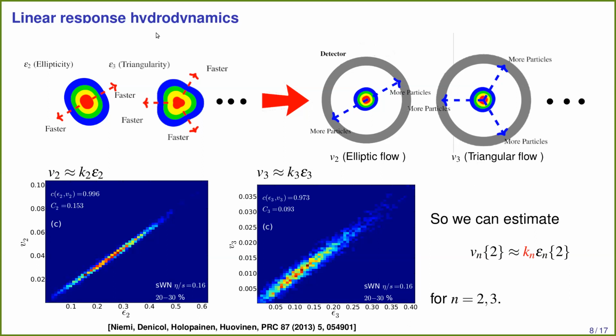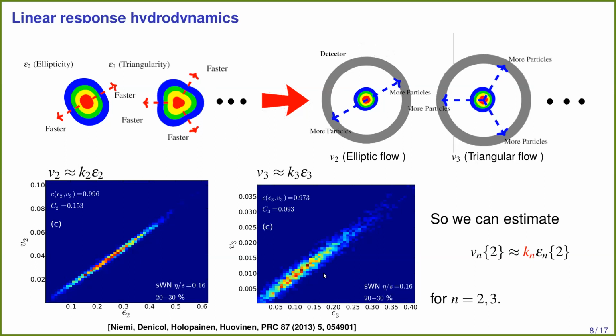Therefore, you would expect a correlation between epsilon2 and v2, epsilon3 and v3. If you do the simulation, you see there is a very strong correlation, at least for large systems. In central or semi-central collisions, you would see a very strong correlation between v2 and epsilon2.